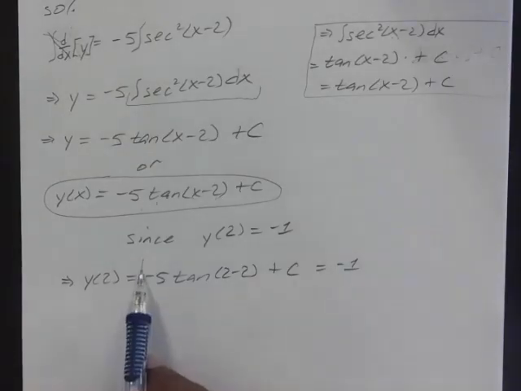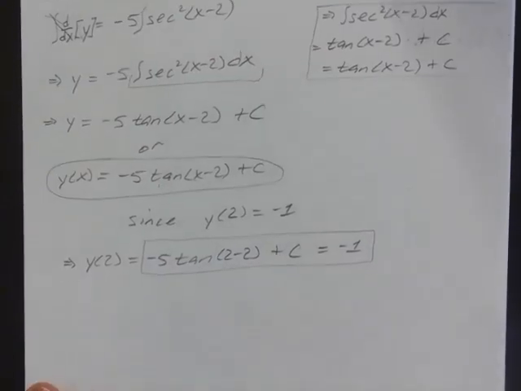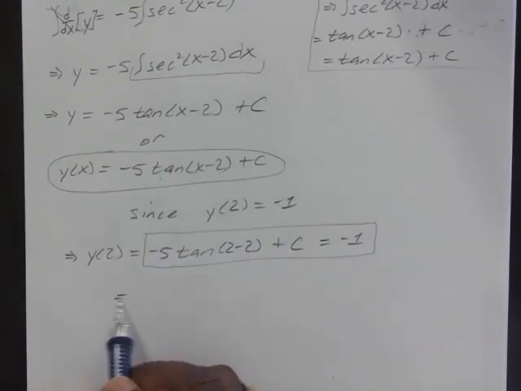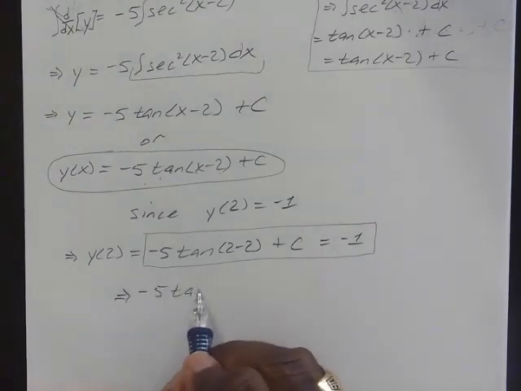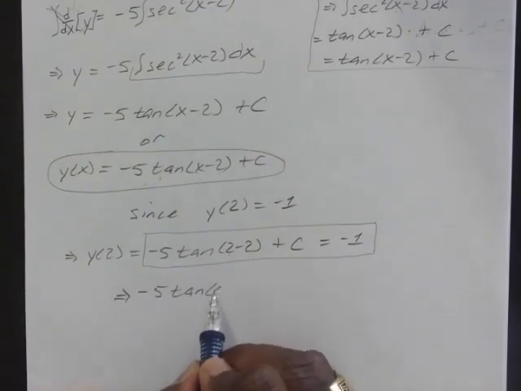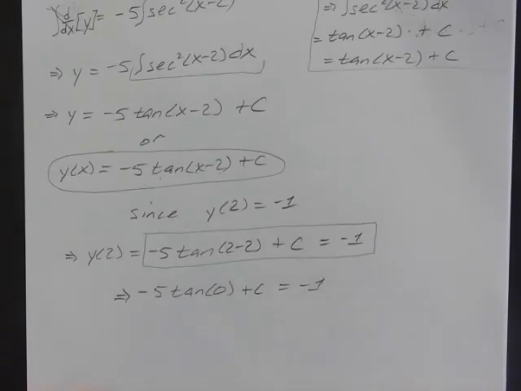Okay, so we're just going to focus on this part of it. So we have negative 5 times tangent of 2 minus 2 times tangent of 0 plus c is equal to negative 1.